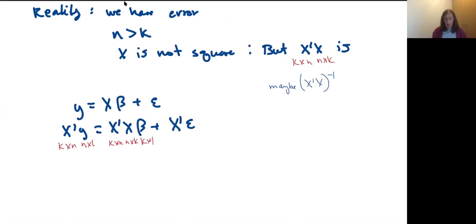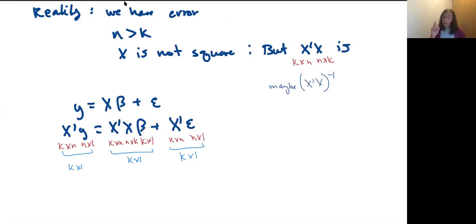Multiplying it by beta gives a result that is k by 1. This also would give a k by 1 result. And once again, X prime, k by n, epsilon, n by 1. We're going to get k by 1 here. So good, the conformability all looks good.